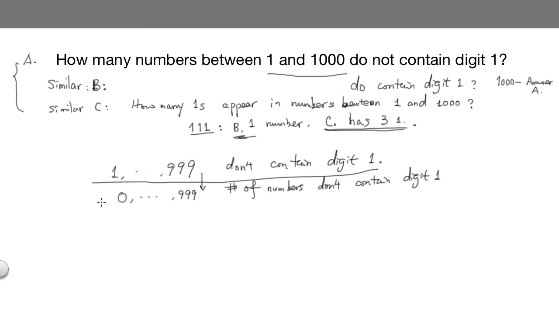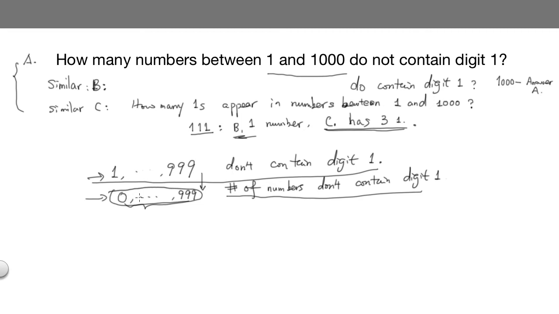Now, of course, this problem and the previous one will differ by 1. If you get the number from 0 to 999, minus 1, because 0 does not have a digit 1 inside, the number you counted here will be 1 more than from 1 to 999. So we need to remember that.